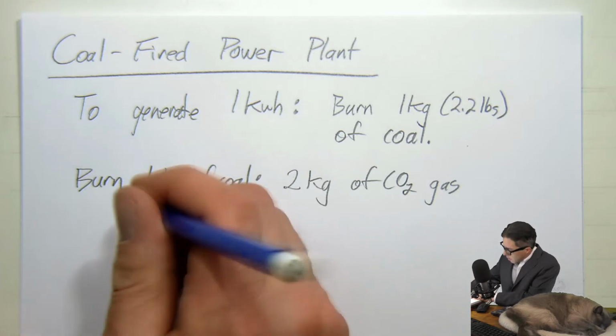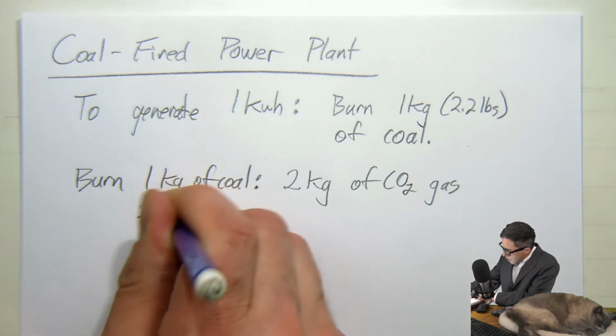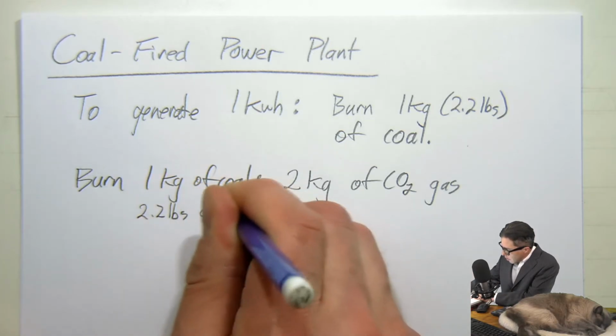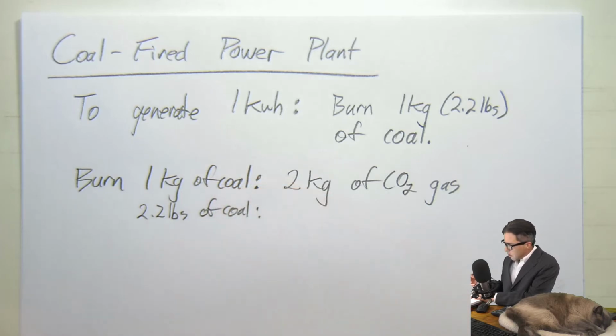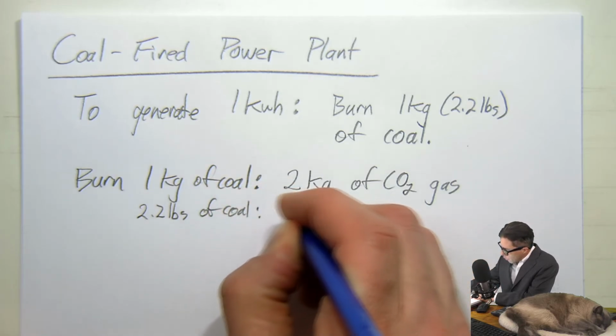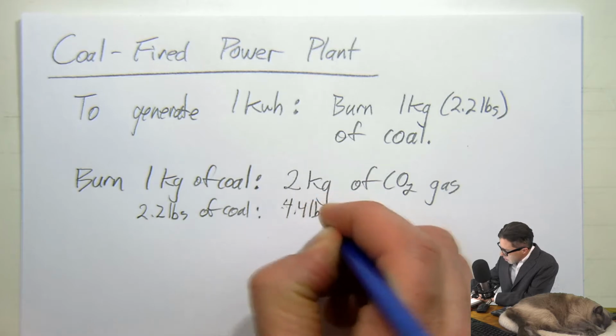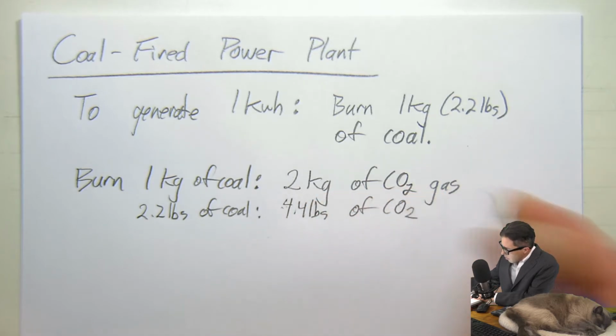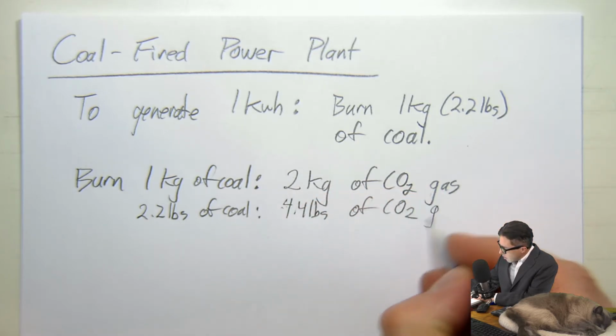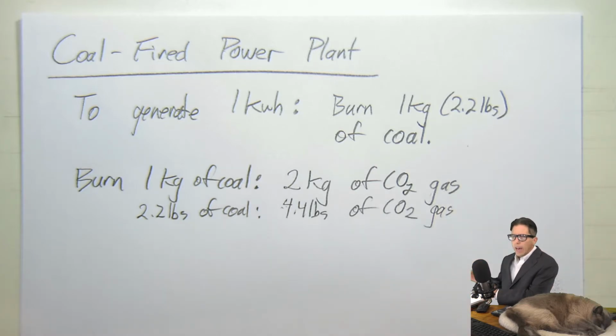Or, if I burn 2.2 pounds to put it in our unit system, we get 4.4 pounds of CO2. So in other words, I get more CO2 out of the chimney than the amount of coal that I put in.